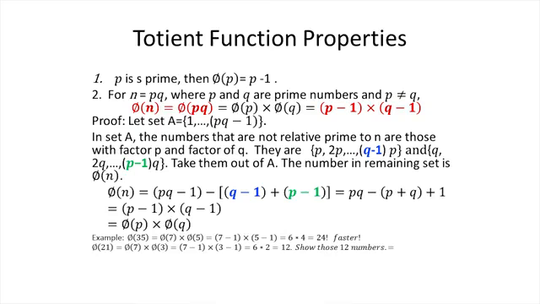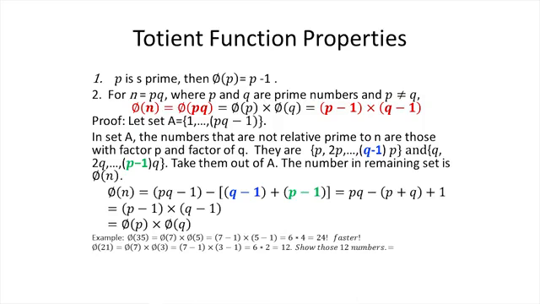Okay? And if you simplify the formula, it is equal to PQ minus P minus Q plus 1. So that equals P minus 1 times Q minus 1. And that happens to be phi of P times phi of Q.